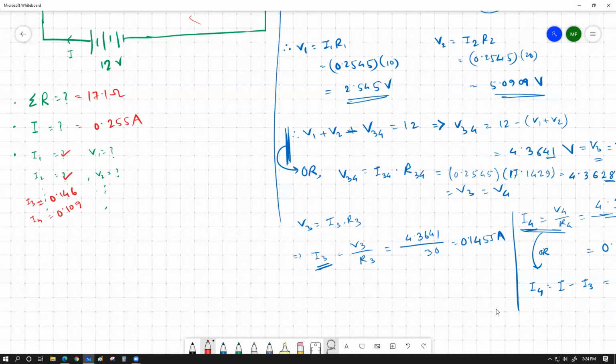V1 was calculated to be 2.55 volts. V2 was calculated to be 5.09 volts, and then V3 equals V4, where both of them are calculated to be 4.36.